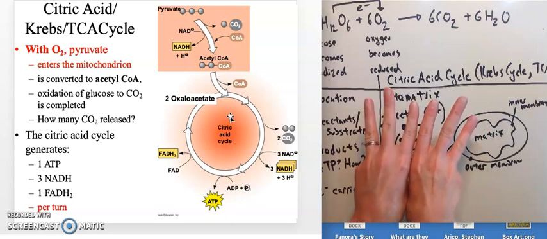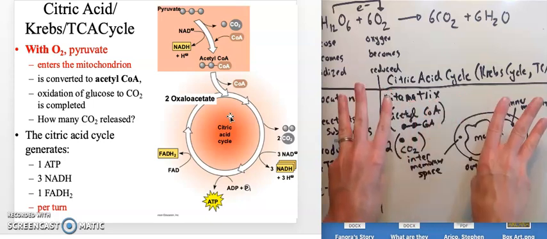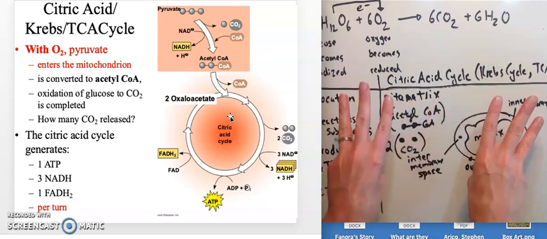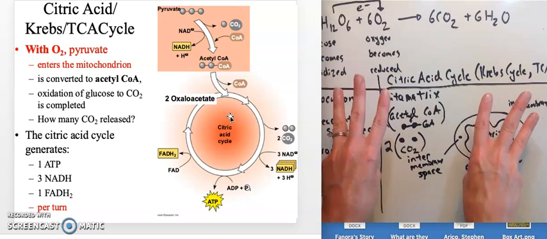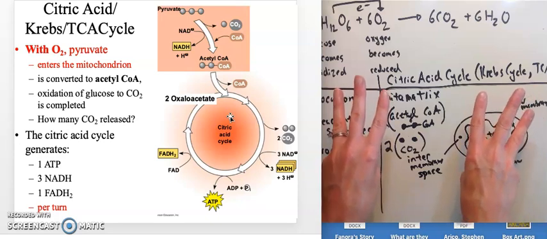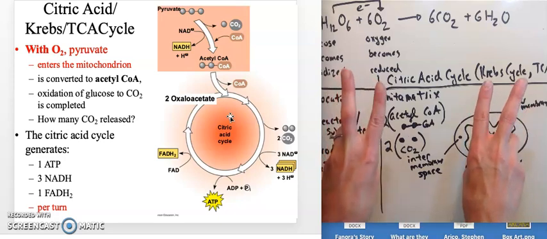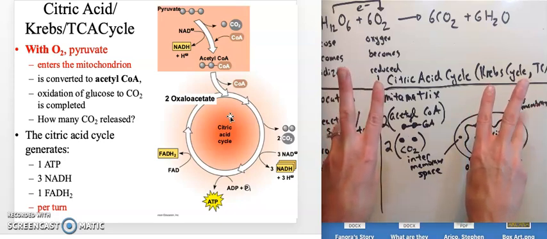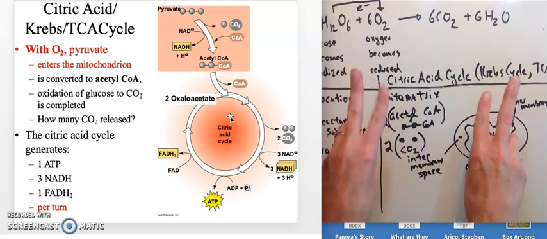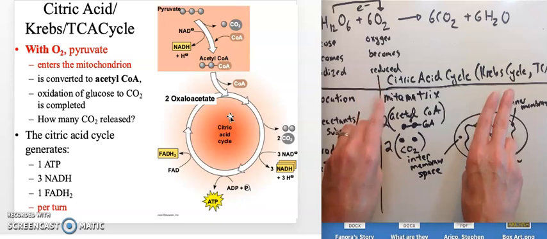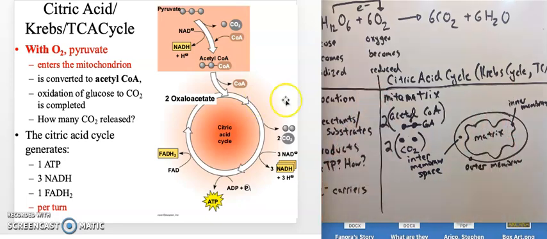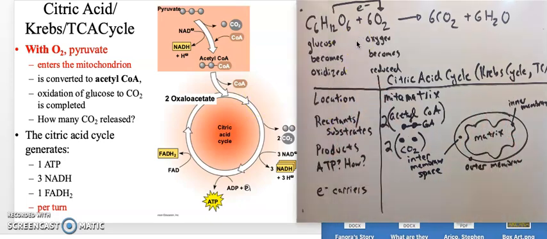During glycolysis, we separated the carbons apart into 2 3-carbon molecules called pyruvate. During pyruvate oxidation, each pyruvate lost 1 carbon dioxide, and then during the citric acid cycle, the remaining carbons are lost as carbon dioxide.